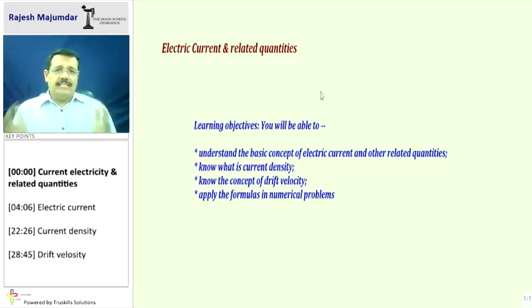When we know all these, then we will be able to formulate certain equations and formulas which will help you to solve numerical problems. So today's learning objectives are very clear. Now let us start today's journey for another 30-35 minutes and understand starting from the scratch what is the concept of electric current.